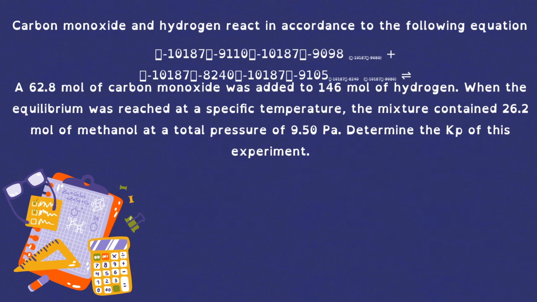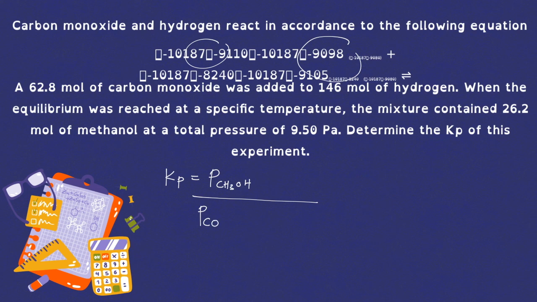Right, so now we are going to calculate the Kp for this experiment. So in order for you to calculate the Kp, it is whatever is in the product. So the partial pressure of product now is methanol divided by the partial pressure of the reactants, which is carbon monoxide, times the partial pressure of hydrogen gas.